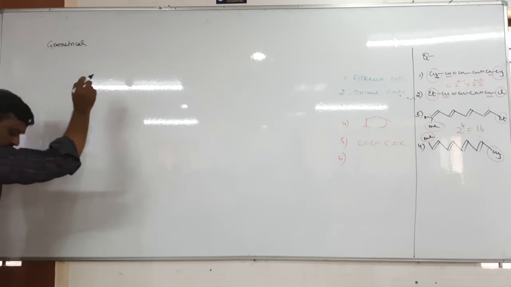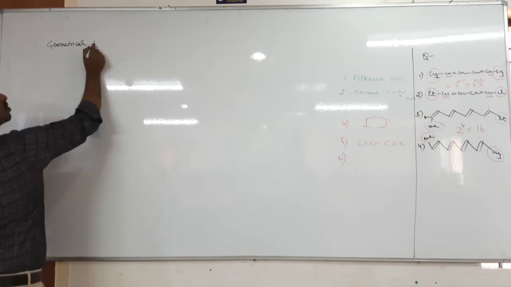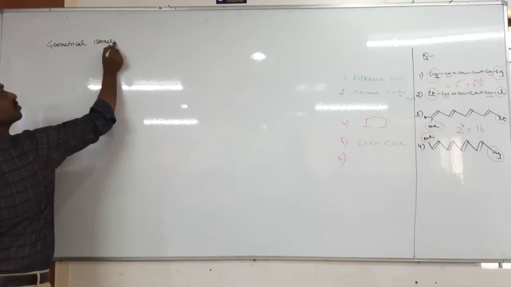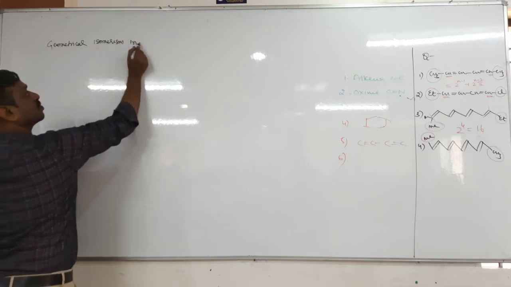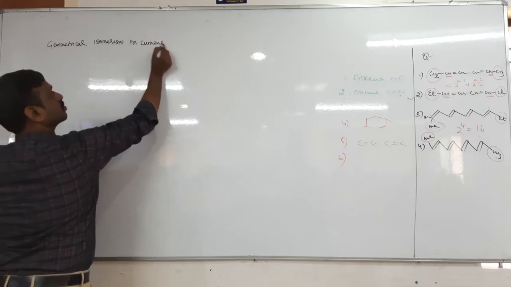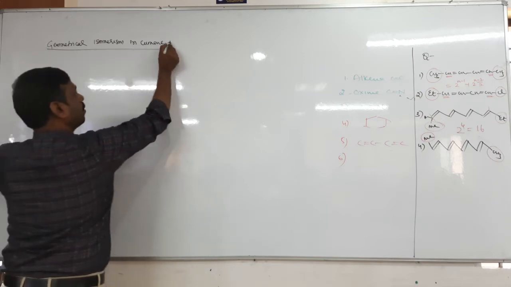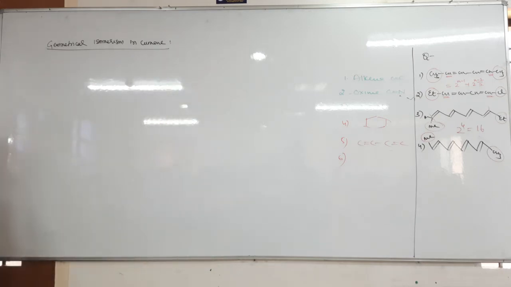Geometrical isomerism in cumulenes. Tell me, so what is a cumulene and what is the structure of a cumulene?